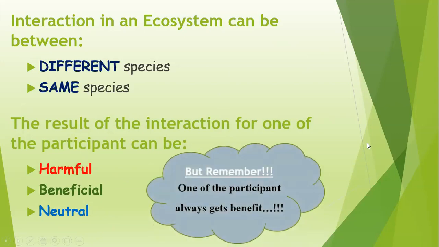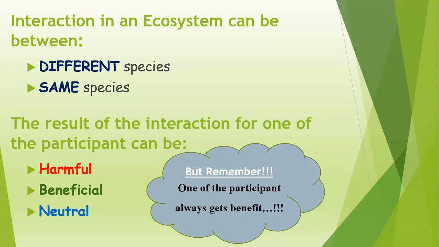Now, one thing that you have to remember here: whenever there is interaction between two different species, or the same species but two different living organisms, one of the participants always gets the benefit. Listen, if both of them are getting harmed by an interaction, they will not interact with each other. For example, in this example of a cheetah and deer, the deer is fearful that it will get eaten by the cheetah. It will run away from the lion.